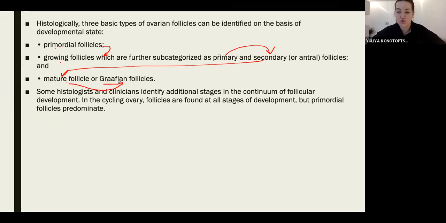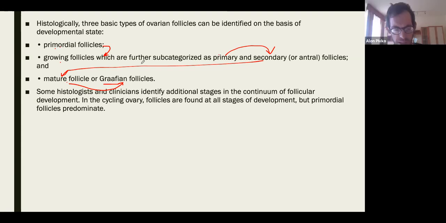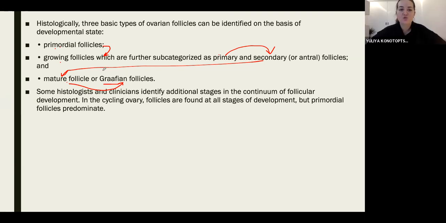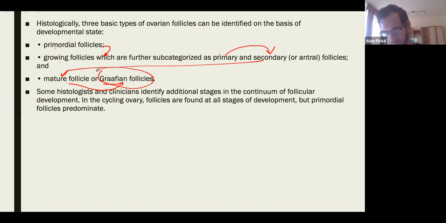Graafian follicle is the one that you have at the end. Graafian follicle is the most mature version of your follicle. Could you tell me what stimulates this process? LH spike? No, LH spike is when this Graafian follicle will burst. It's released. That's the LH spike.